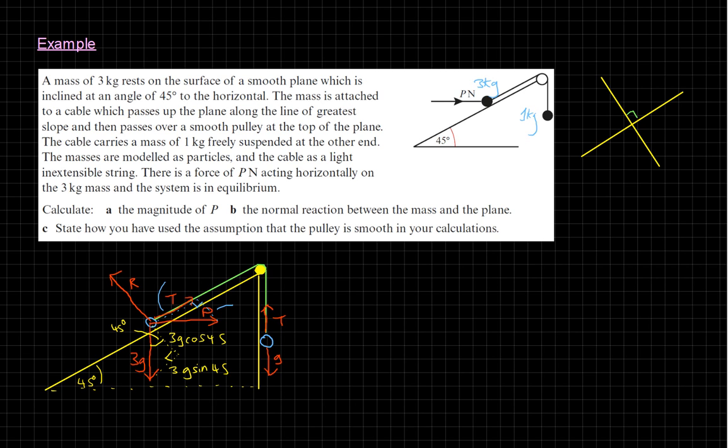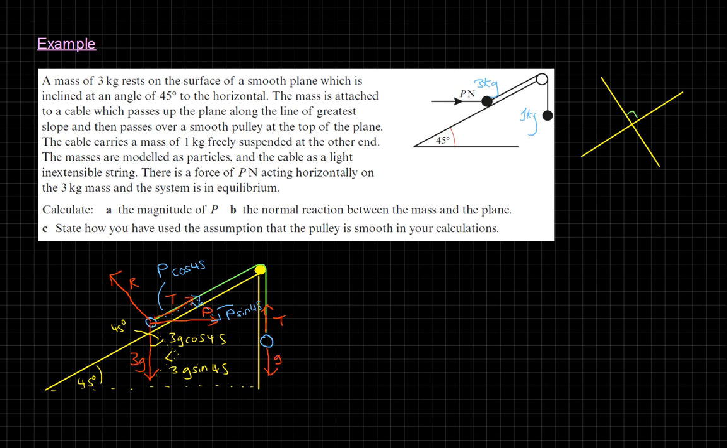So therefore we've got here P cos 45, and over here we've got P sine 45. Okay, and that one's acting into the surface of the inclined plane. Right, this is why you've always got to draw a big diagram. Unfortunately, I didn't quite give myself enough space.